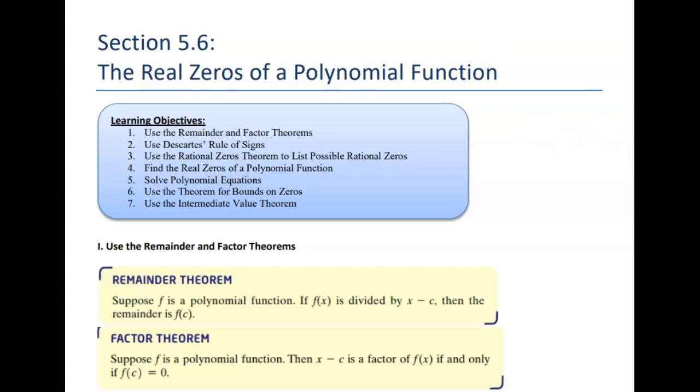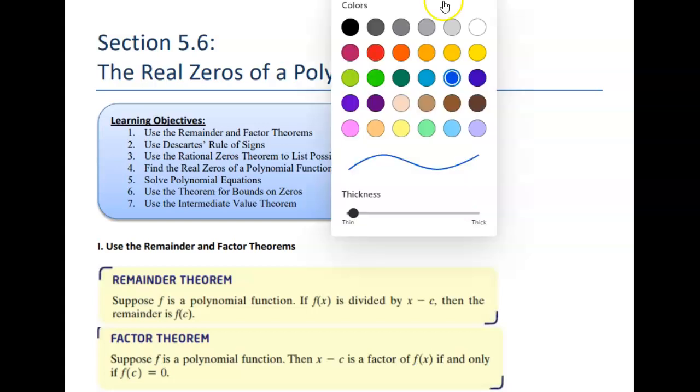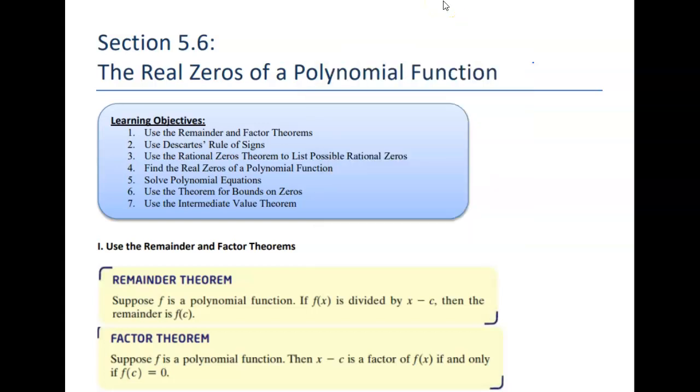So remember, zeros of a function are the x values that you find when you set the function equal to 0. So you have a function, in this case a polynomial function, and you set it equal to 0 and solve for x. This gives you the zeros of the function.